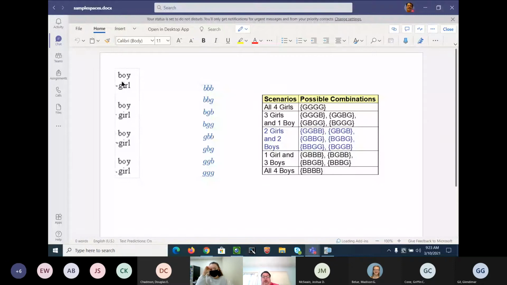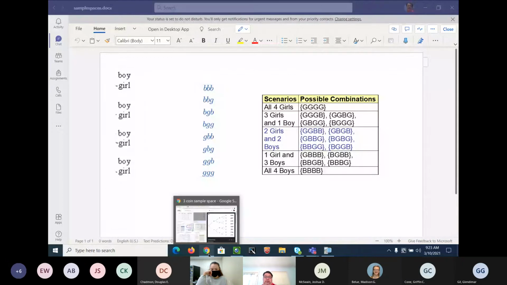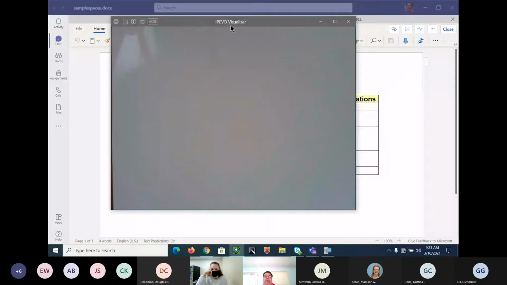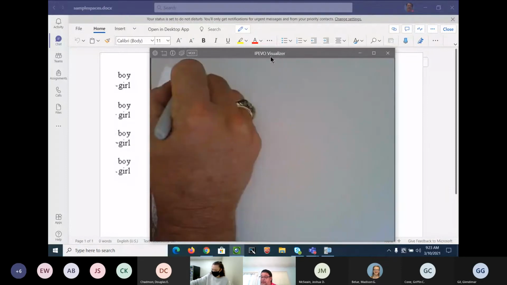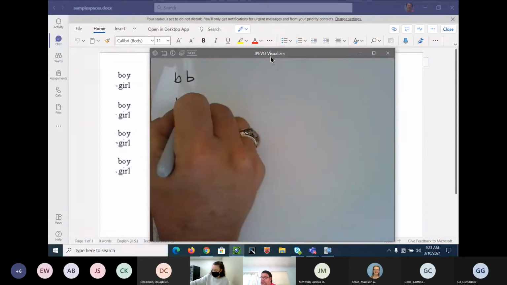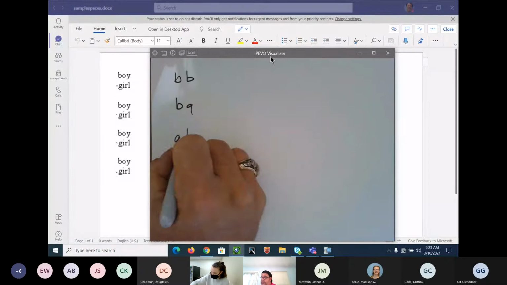This one right here is the one that's messed up. So you need to switch this to the following. Of course, most of y'all can do two kids. It should be boy, boy, boy, girl, girl, boy, and girl, girl.